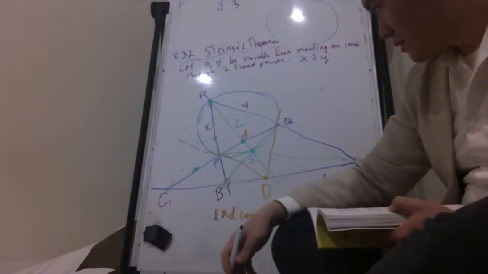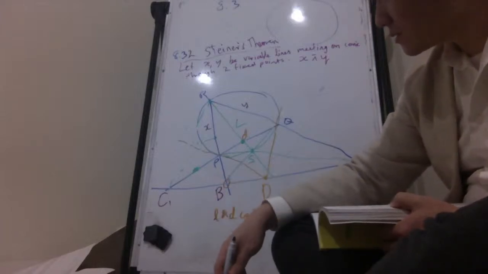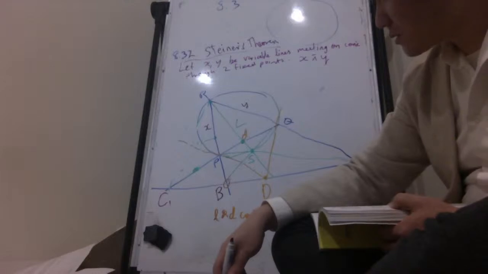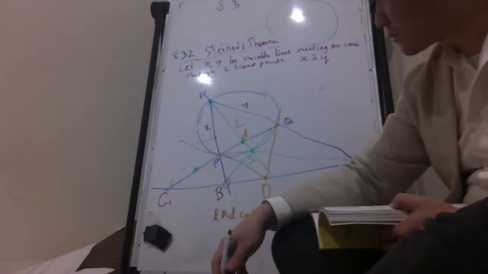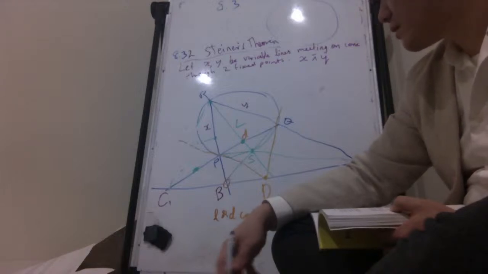Any pair of an involution determines, does it determine the involution? Maybe not. The point is there is an involution determined by this conjugacy.